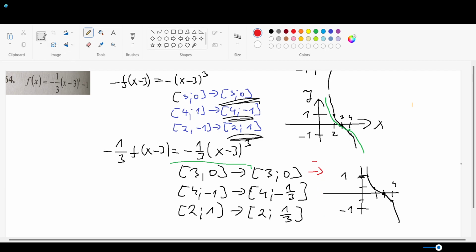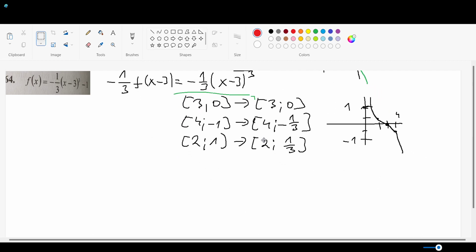So let me go back and let me just use this part of the screen, and let me move it up. Okay, in the last transformation we'll do it this way.